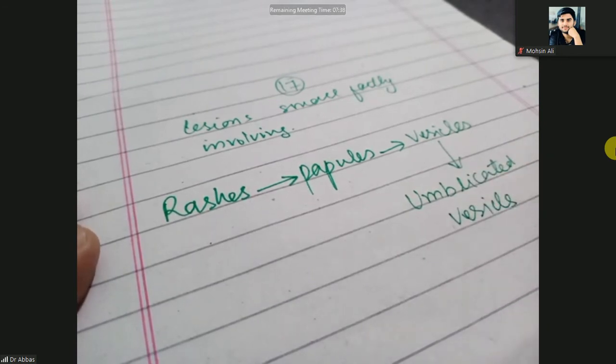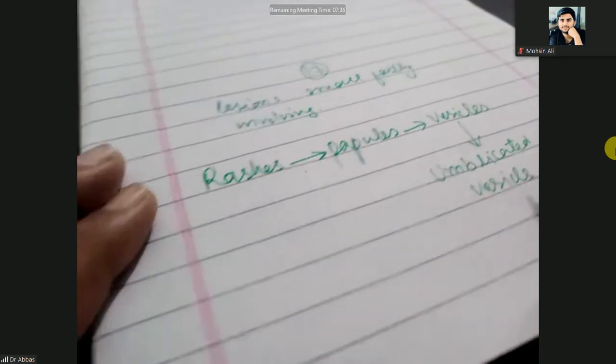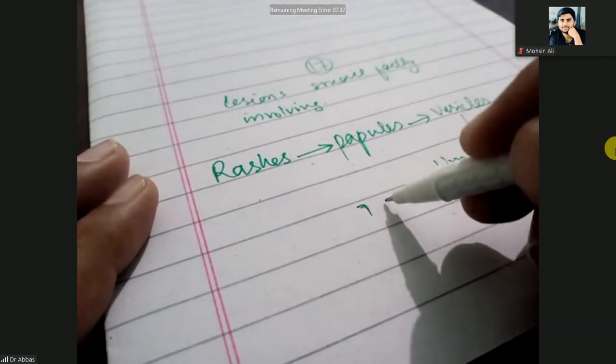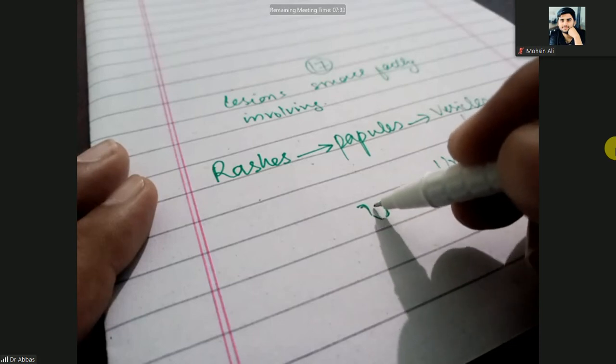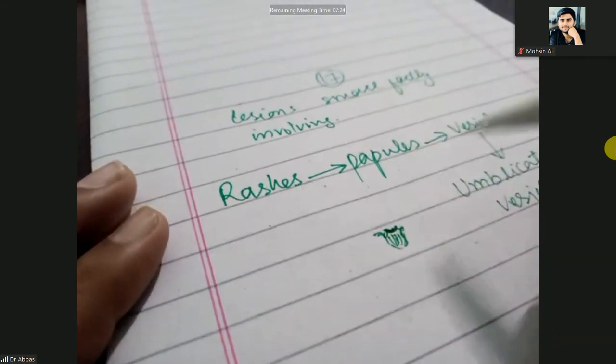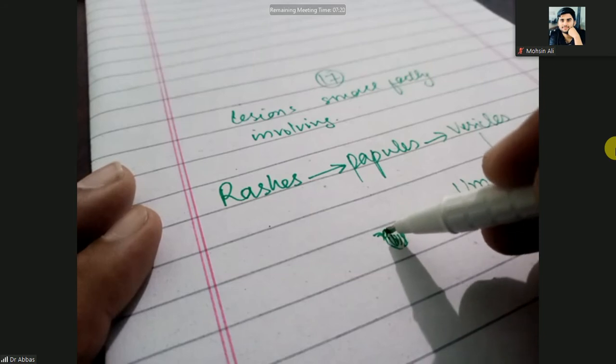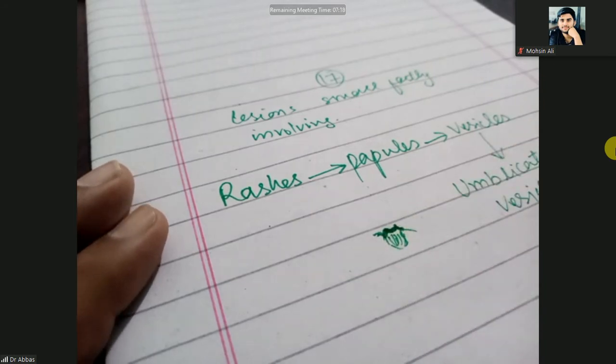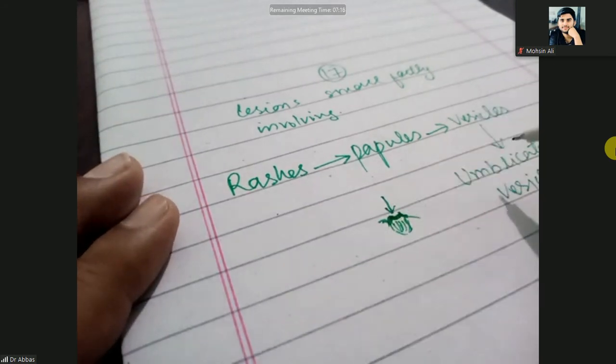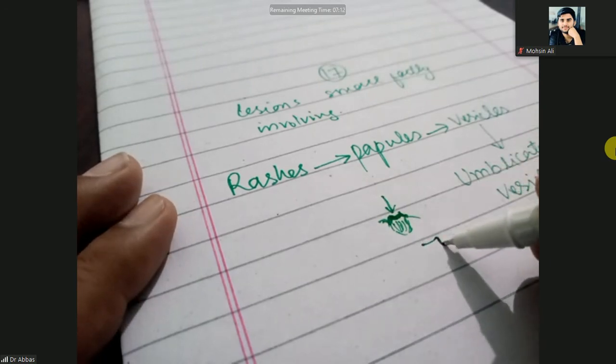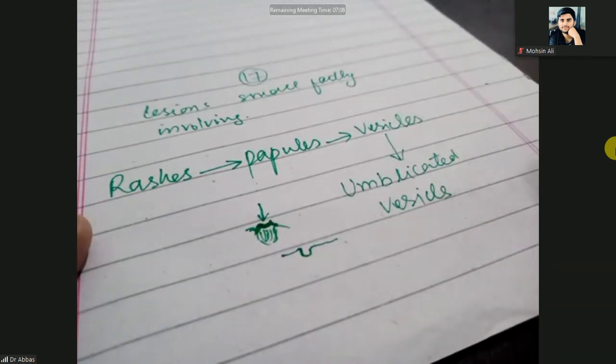What is an umbilicated vesicle? When you look at your umbilicus, there is a depression in the center. So if it is a vesicle and its central point is depressed, we call it umbilicated.